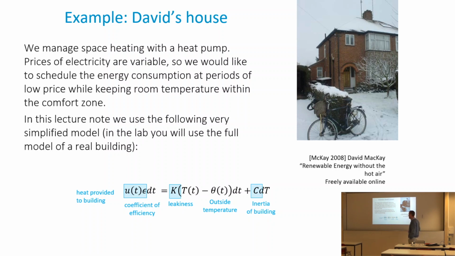If we have a heat pump, it can be larger than 100% because that's the principle of a thermodynamical system. The heat pump is extracting heat from somewhere, and is using electricity for the transfer. So if it's a very efficient heat pump, it can be 2 to 3. If it's an inefficient one, it will be 1 dot something. So that's the coefficient of efficiency here. If you're using an old-style system with a resistance and a fan, then here epsilon will be a bit less than 1, but close to 1.